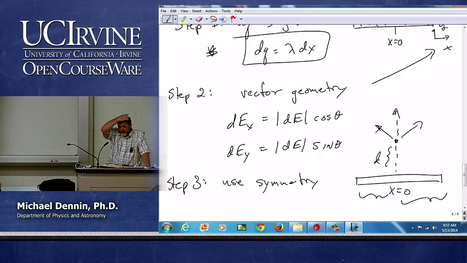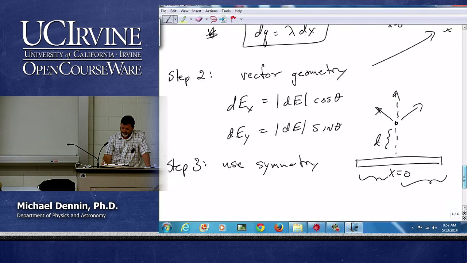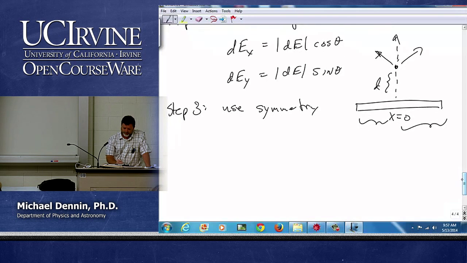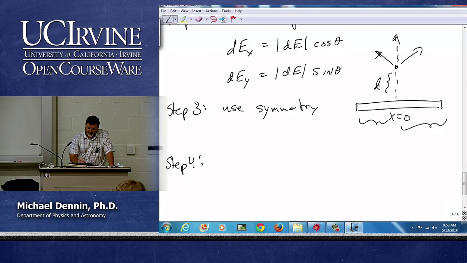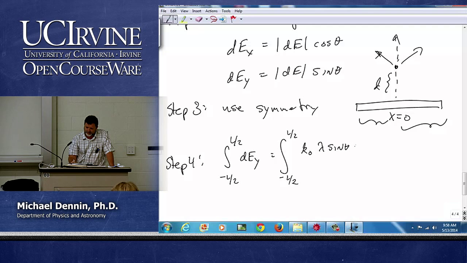So now, if I write that down, I'm going to be integrating over my bar my dEy, which is the integral over my bar of k naught lambda sine theta dx over r squared.